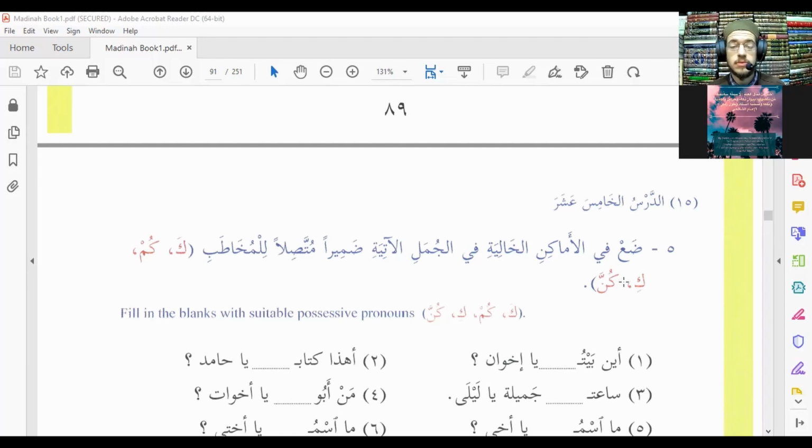في جمل in the following sentences. Pronouns متصلا للمخاطب. Again, مخاطب is second person. But متصل is joined. Literally it means the connected pronouns or the joined pronouns.